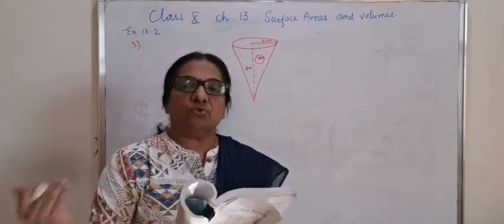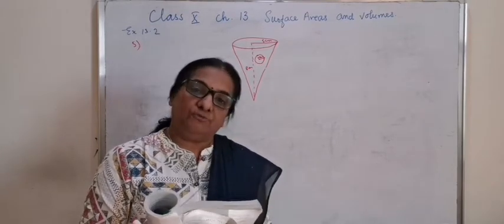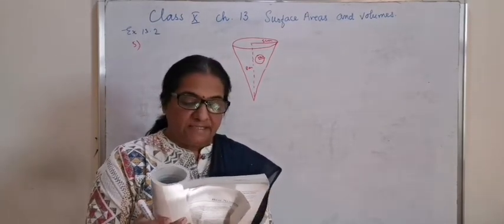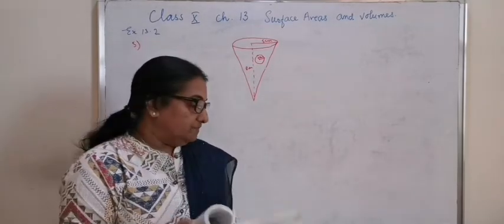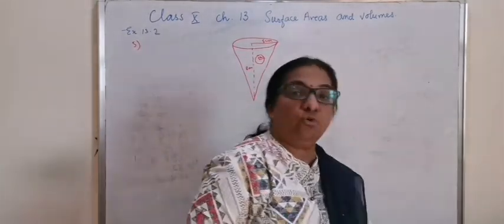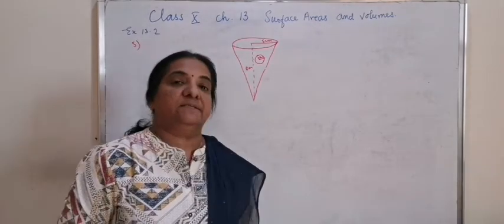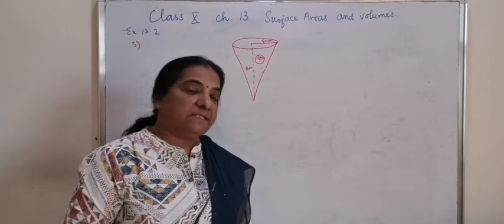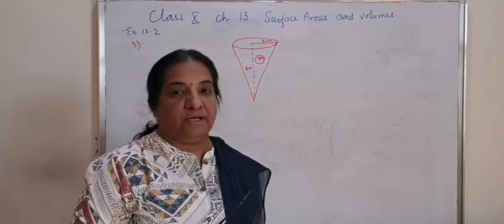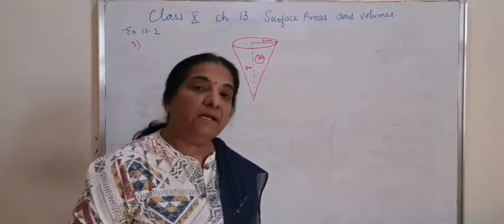The water is overflowing because of the volume of the spheres. Find the number of lead shots dropped in the vessel. So the volume of the water overflowing depends on the number of lead shots, because it is based on the volume of the lead shots which have been dropped into the vessel.